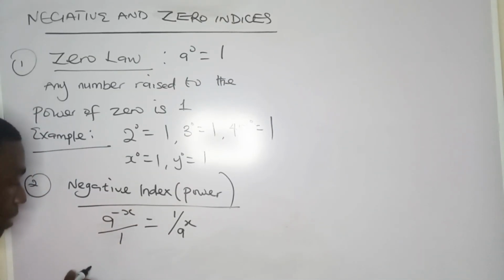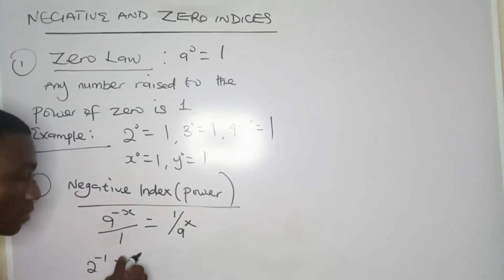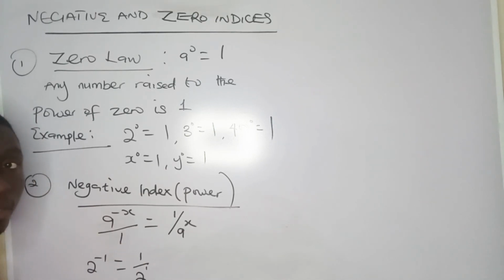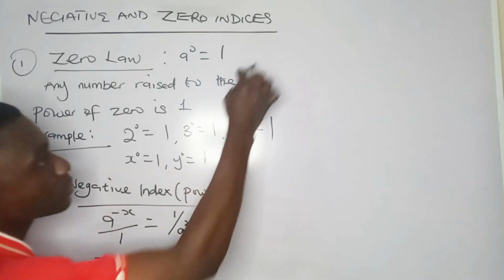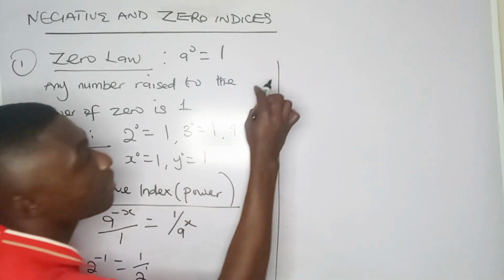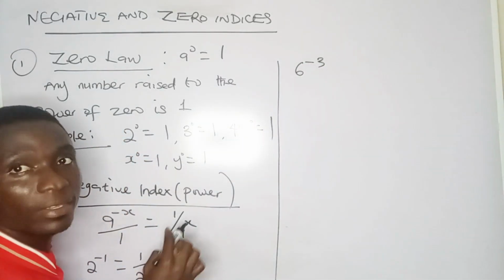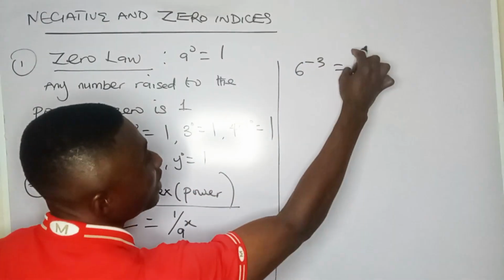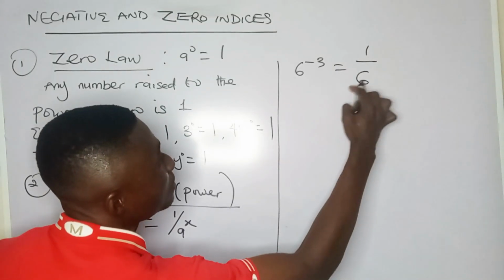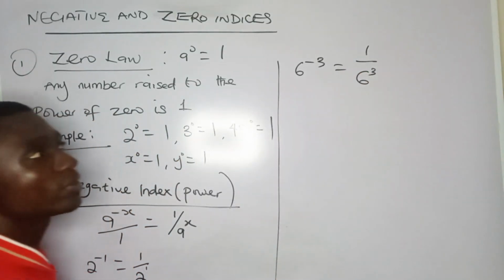Example is, I could have 2 to the power of negative 1 is the same thing as 1 over 2 to the power of 1. I could also have 6 to the power of negative 3, which is the same thing as 1 over 6 to the power of 3.